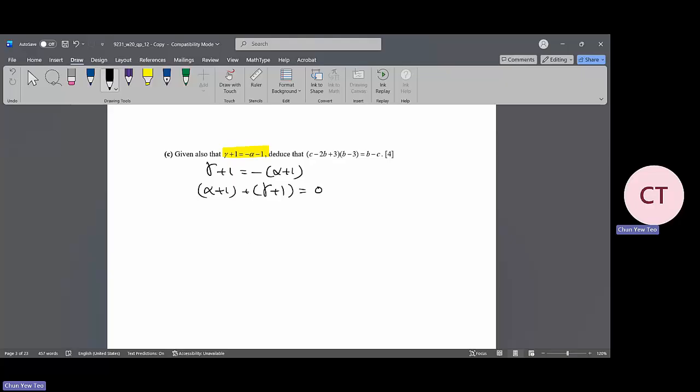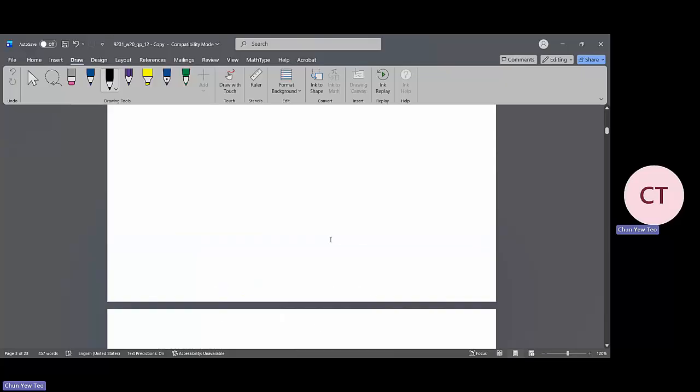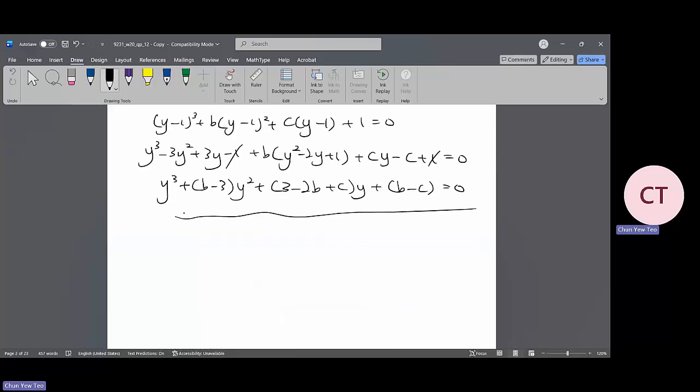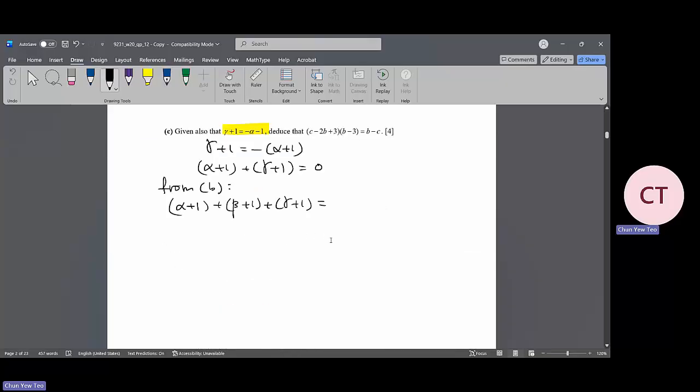Okay. So from part b, we know that alpha plus 1 plus beta plus 1 plus gamma plus 1 is negative of the coefficient, which is 3 minus a.